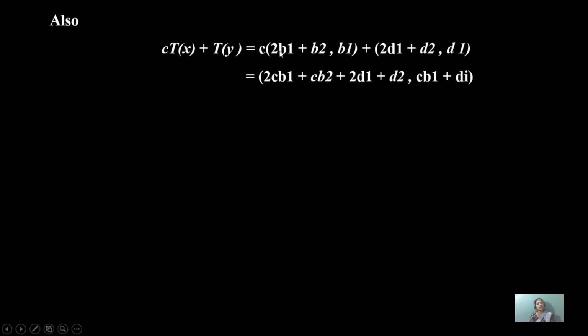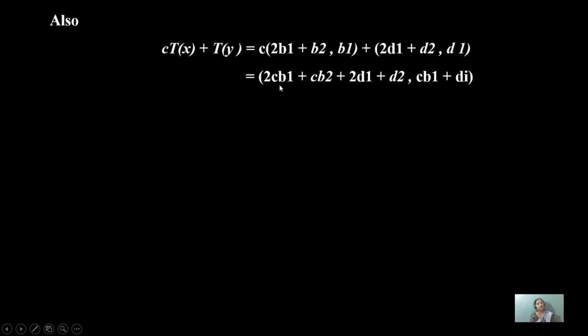Here 2 is common, c b1 plus c b2 in this form of the equation, multiplied in the same way, so c is multiplied with (2d1 plus d2, d1), and both equations share the common factor, plus cb1 plus d1.